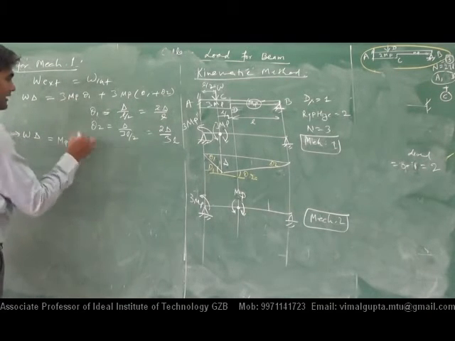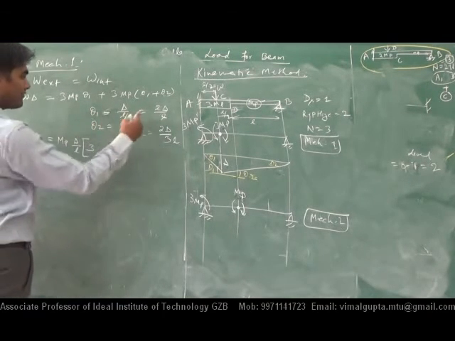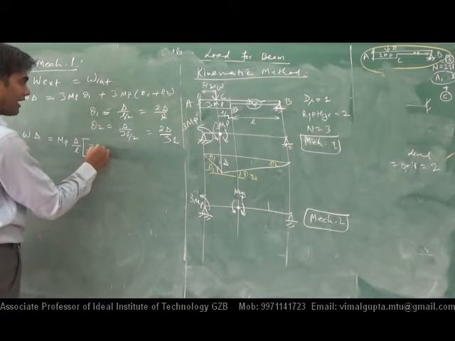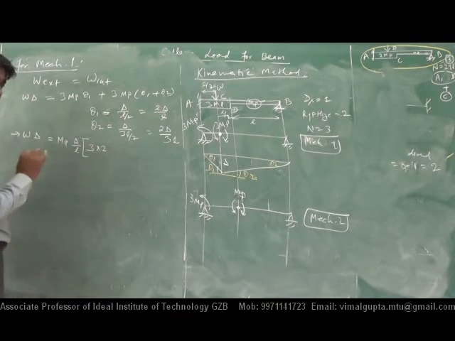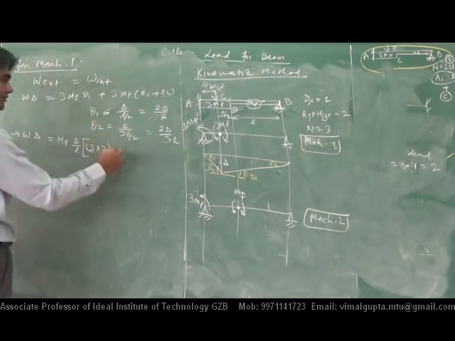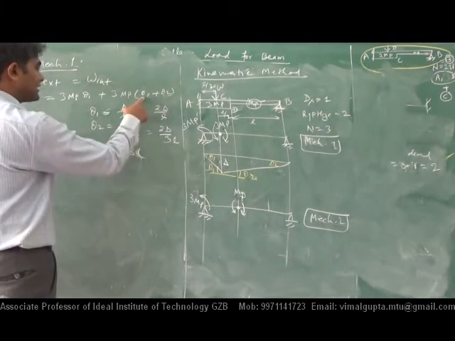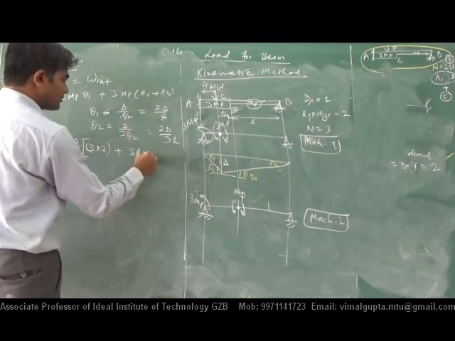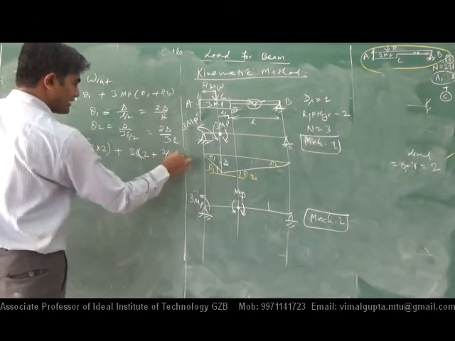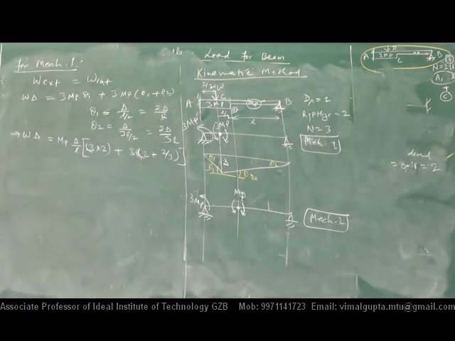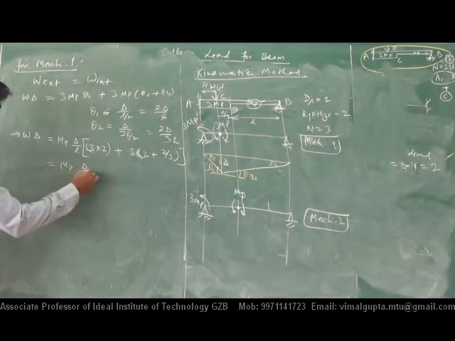So we will have 3 times of theta 1, means this one, 3 times of 2, plus 3 times of theta 1. Theta 1 is this 2 plus this is 2 by 3. Am I right? So now tell me that value, MP into delta by L.